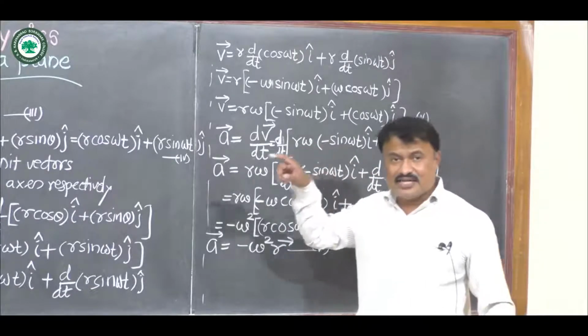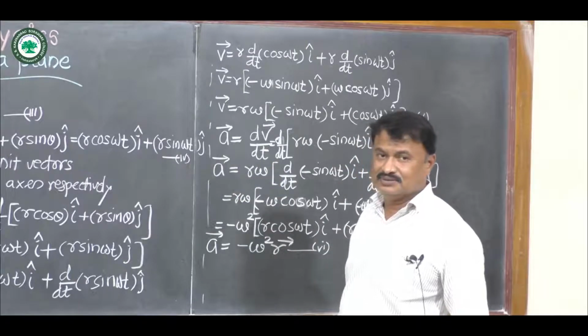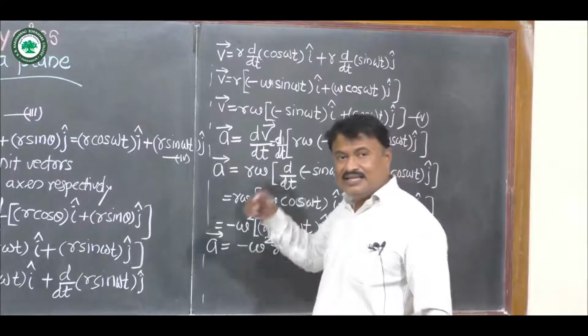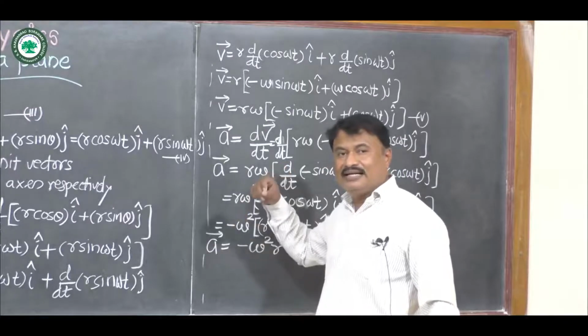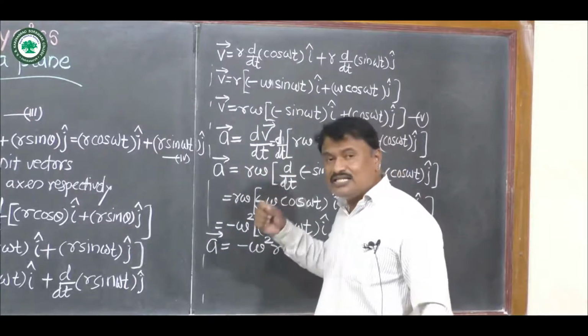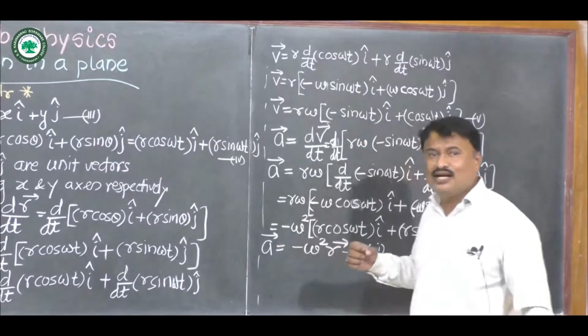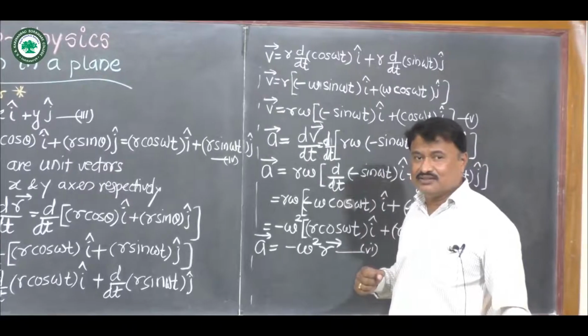This circular motion is uniform circular motion, because the particle is revolving along the circumference of a circle with constant angular speed omega, and that's why there is only radial acceleration.